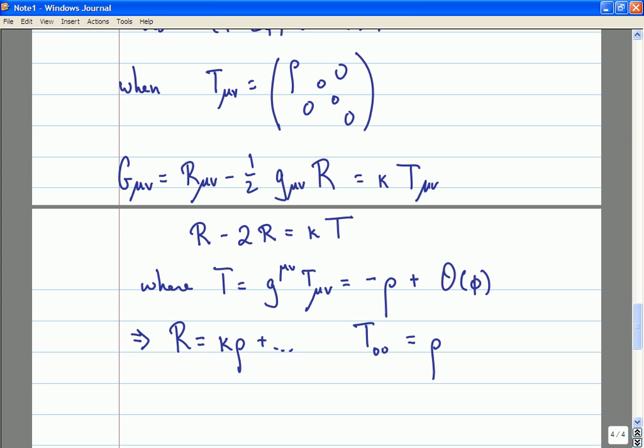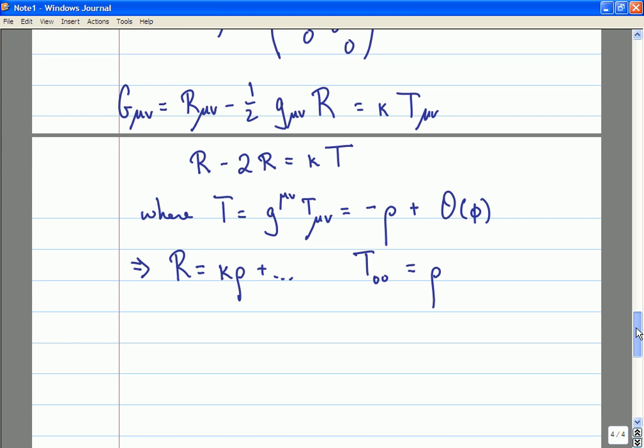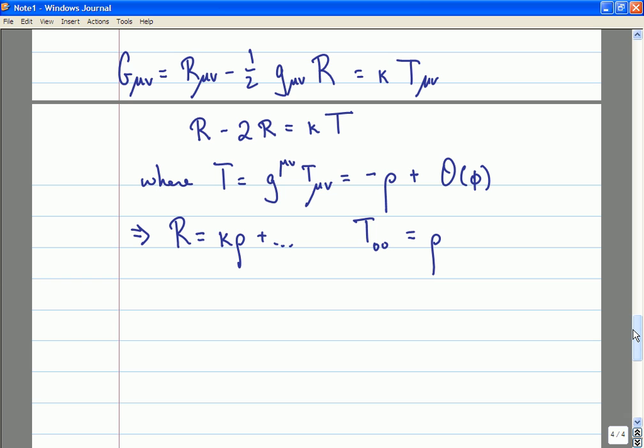We can then proceed to write out the various components of Einstein's equation for various values of mu and nu. The only non-trivial Einstein equation is going to be the 0,0 component, where mu and nu are both equal to 0, because that's where the stress tensor is non-zero. I'm just going to write out that component, and you can check for yourselves that all of the other components are going to be trivial.